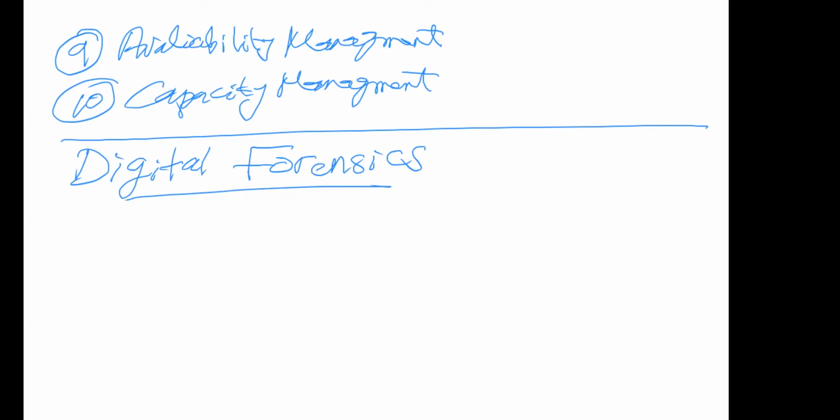Digital forensics, gentlemen, in a traditional data center is very easy. I have one data center. I know where the data is stored, which servers are using which data, and who the owner is. All this information is very clear. I don't have any problems here. But with cloud infrastructure, I have a lot of challenges.